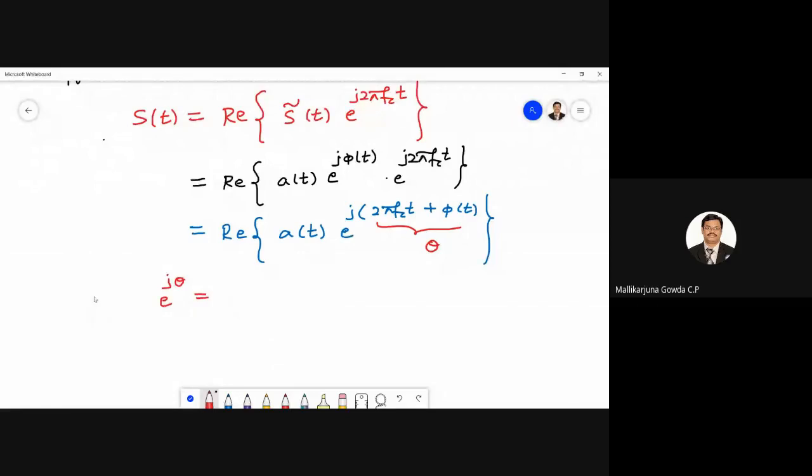Yeah. e power j theta will be equal to cos theta plus j sin theta, right? So what I said, theta is this, right? So if I treat whatever is there in the bracket as theta, then the real part of that is cos theta, right?